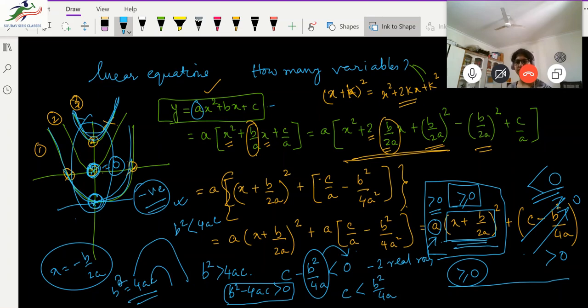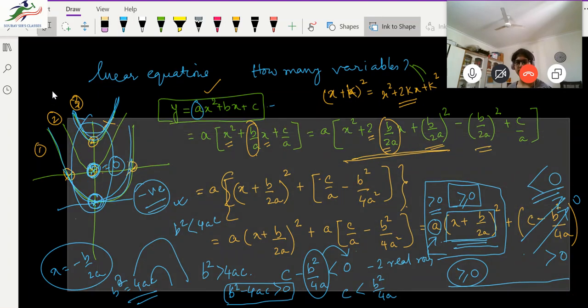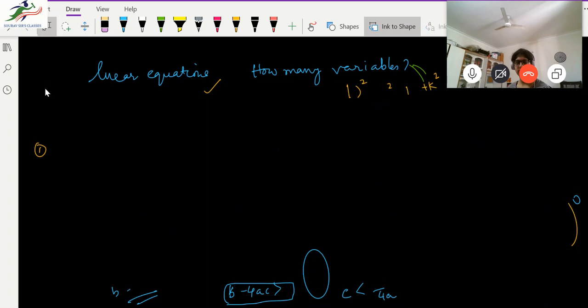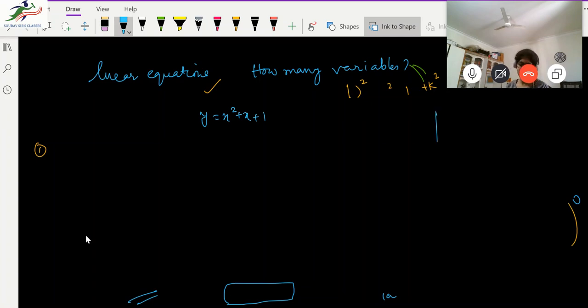Right? So now come back to the expression or equation that we were dealing with. So we had y equal to x square plus x plus 1. Now tell me how this curve will behave.